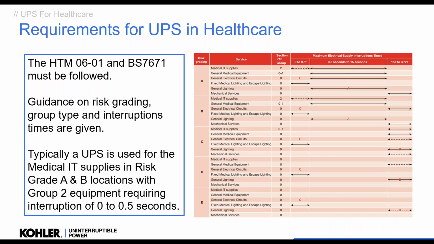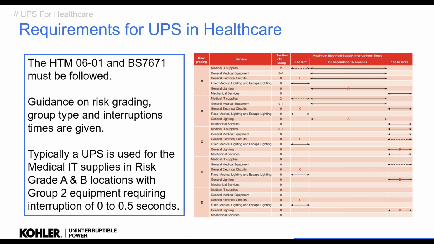So HTM does give a guideline of grading the risks, and we see it gives interruption times which are permissible from 0 to 0.5 seconds, 0.5 seconds to 15 seconds, and then 15 seconds to 3 hours.